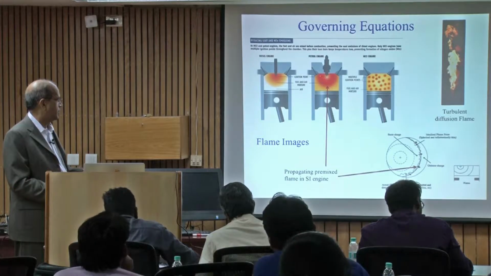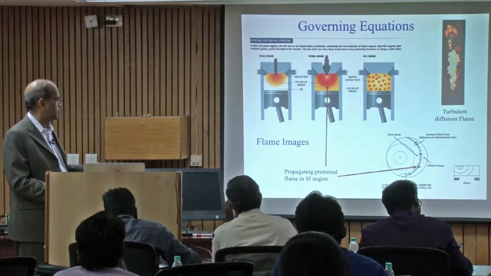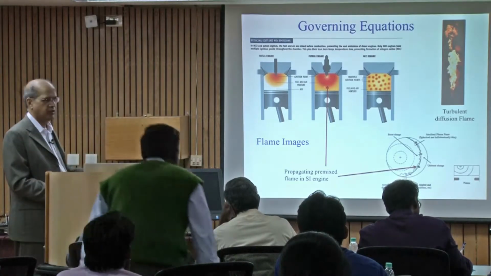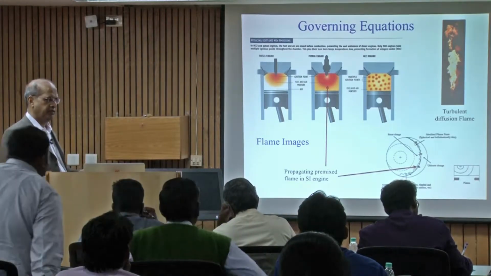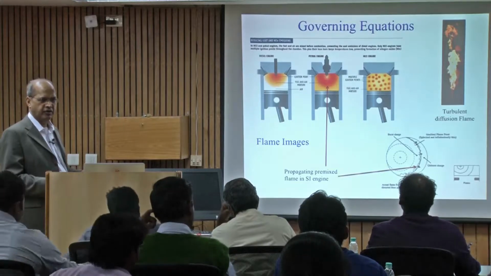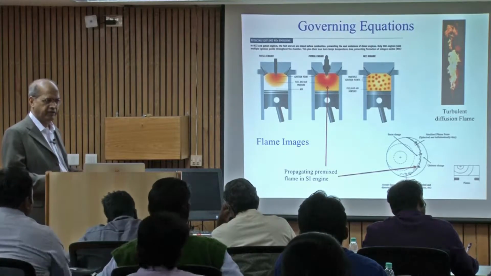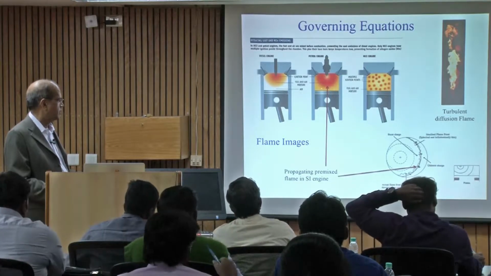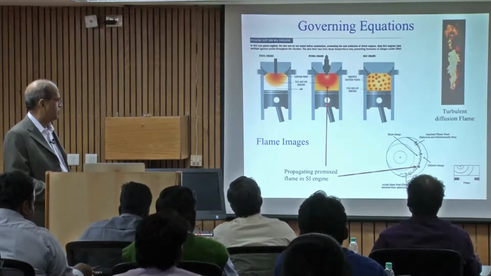On the other hand, for the gasoline engine, the typical combustion process, you have the fuel air mixture already mixed. So you introduce the fuel air mixture, control the mixture ratio or equivalence ratio, and you compress it.